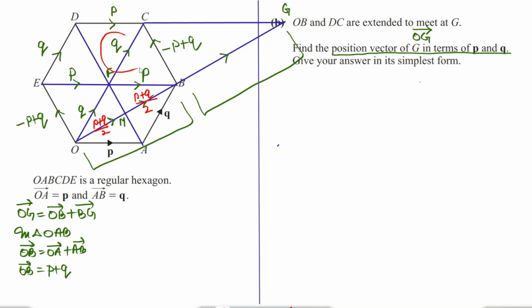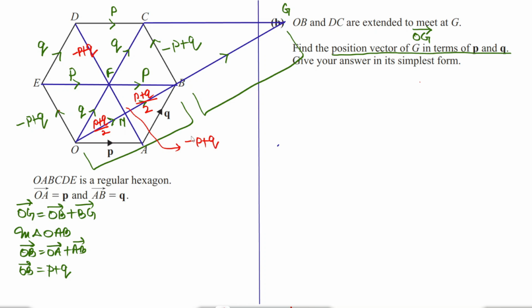If I show you, this is the parallelogram FBCD, and opposite sides of the parallelogram are equal and parallel as well. So if this is minus P plus Q, then this has to be minus P plus Q. In the same fashion, this AF is also minus P plus Q.